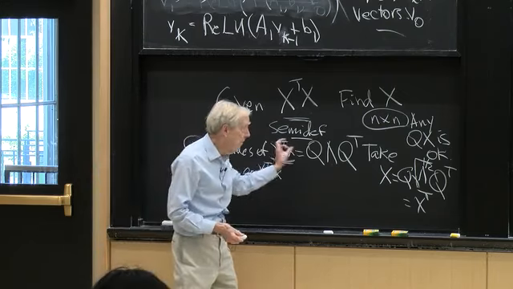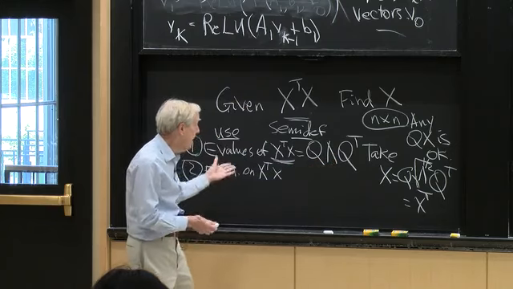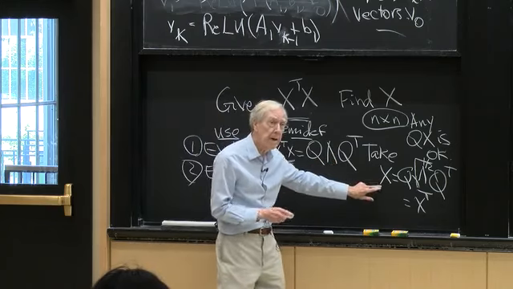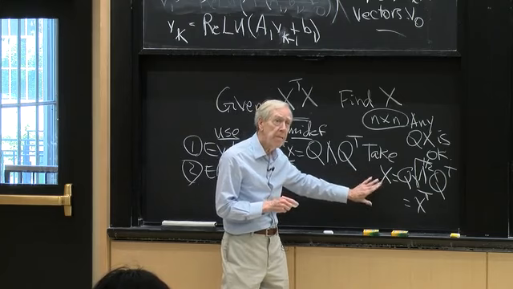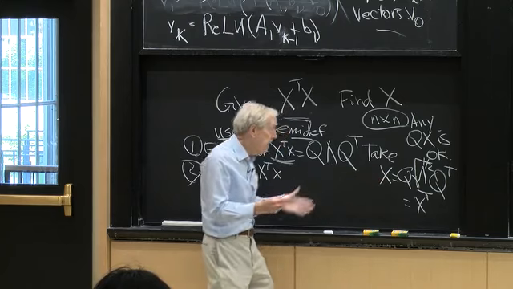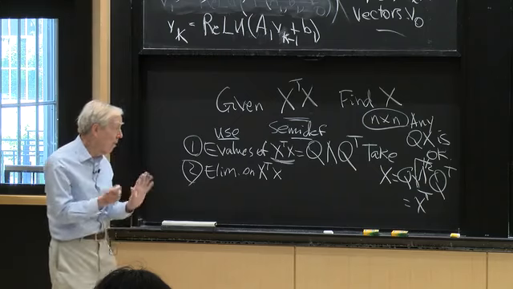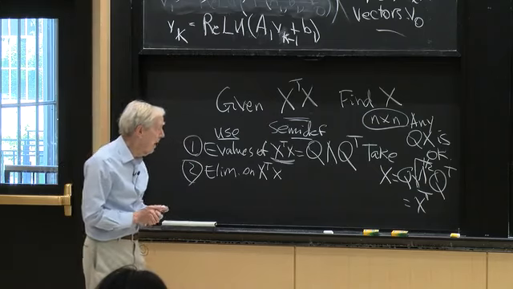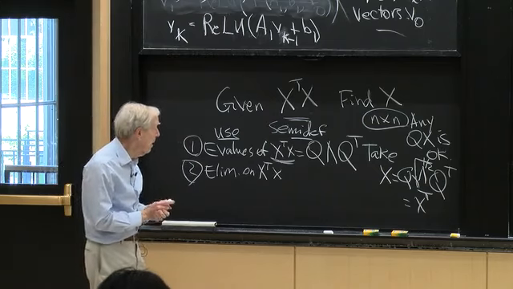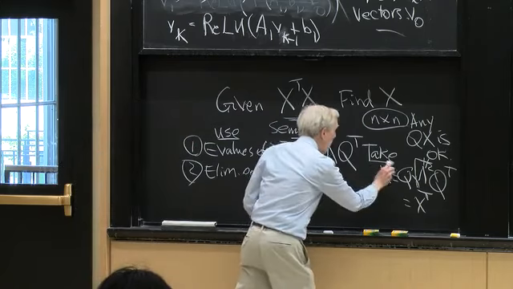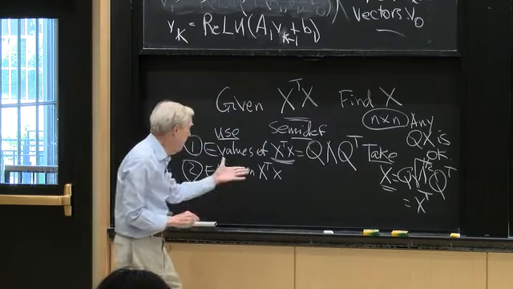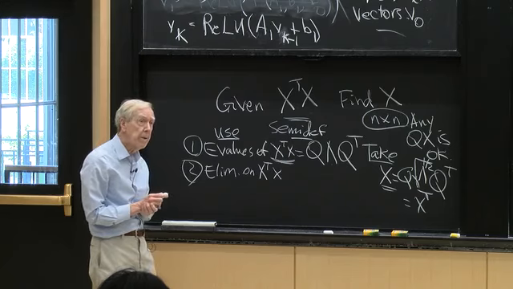That's the eigenvalue construction, producing an X that is symmetric positive semi-definite. That might be what you want. It's a little work because you're computing eigenvalues and eigenvectors. But that's one choice. Now, I believe that elimination would give us another choice.